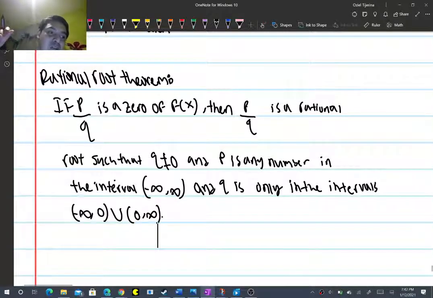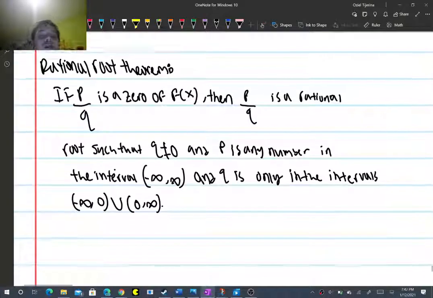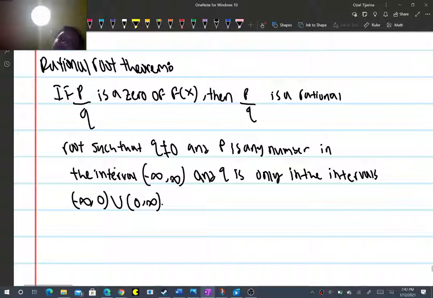It says if p over q is a zero of f of x, then p over q is a rational root such that q does not equal 0, and p is any number in the interval negative infinity to infinity, where they're both included, and q is only in the intervals of negative infinity to 0 and 0 to infinity. Okay, so I'm going to explain that part.